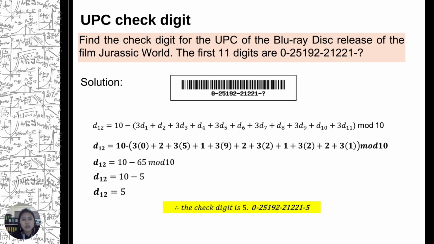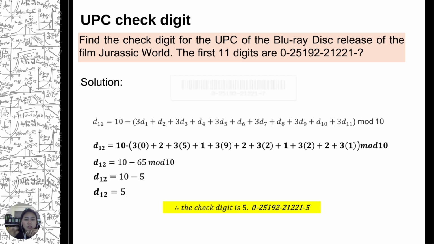Again, we need to identify the check number, which is the last digit of the UPC. Related somehow to the formula used in ISBN, we have another formula: d sub 12 is equal to 10 minus 3d sub 1 plus d sub 2 plus 3d sub 3 plus d sub 4 plus 3d sub 5 until 3d sub 11, modulo 10.